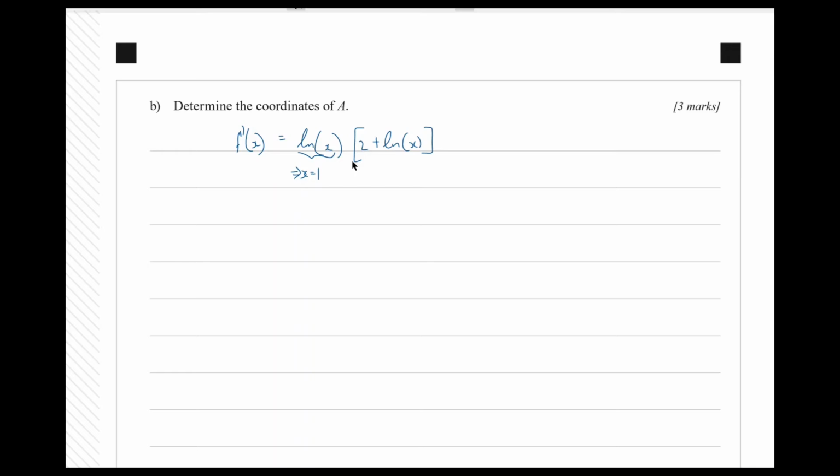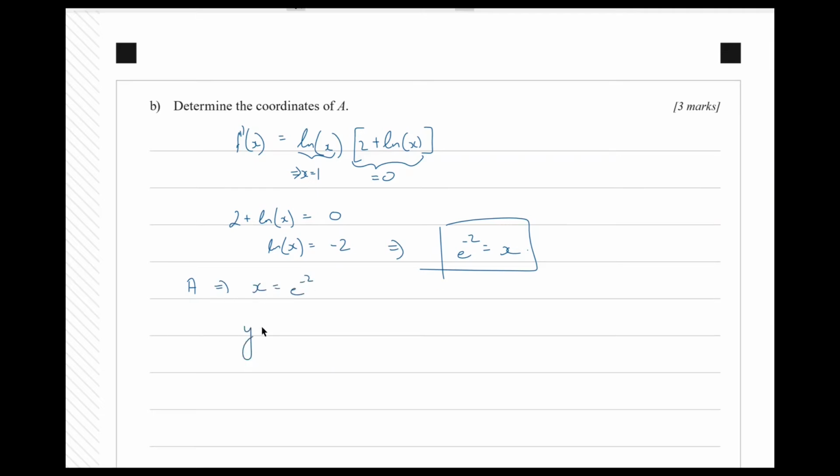So this will equal 0 as well, which will give us the value of A. So 2 plus ln x equals 0. So ln x equals -2. Remember, this means e to the power of -2 equals x. So for A, we know the x coordinate is e to the -2.